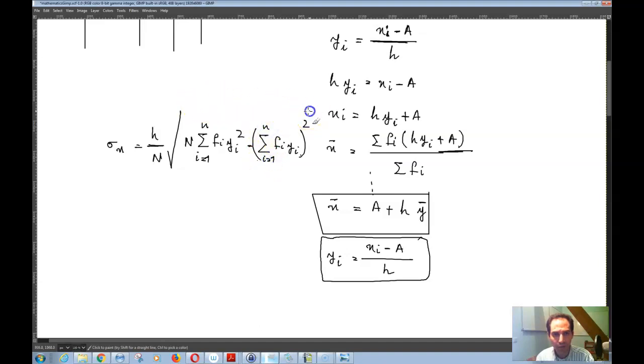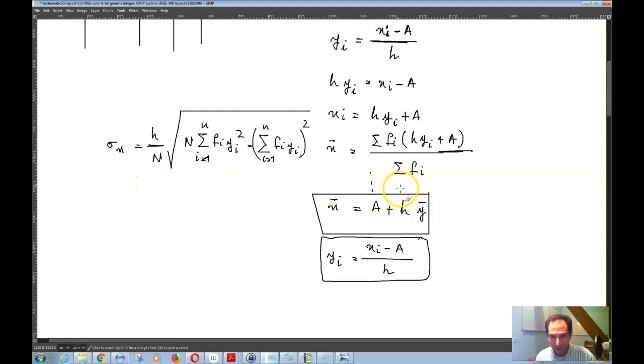That's how you calculate sigma of x, which is the standard deviation of the variable x.